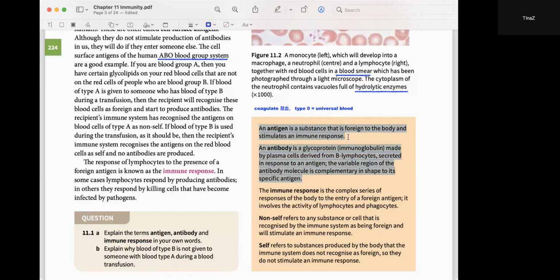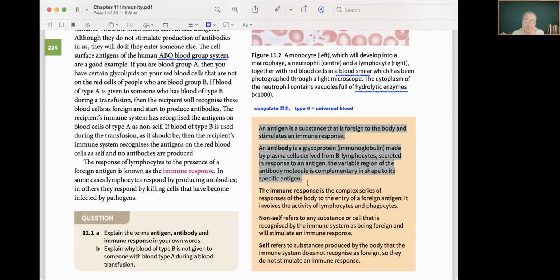Second, antibody. Antibody is a glycoprotein immunoglobulin made by plasma cells derived from B lymphocytes, secreted in response to an antigen. The variable regions of the antibody molecules are complementary in shape to its specific antigen.